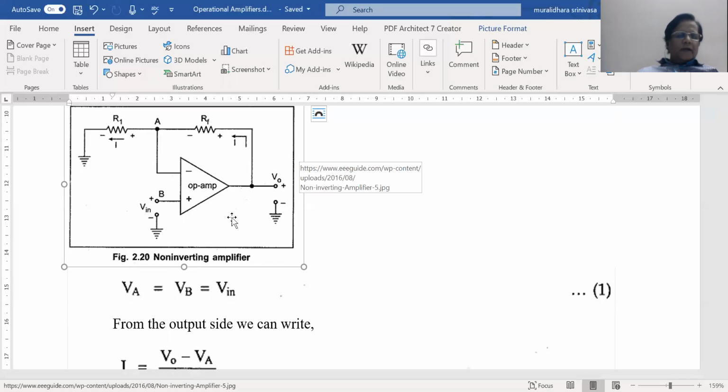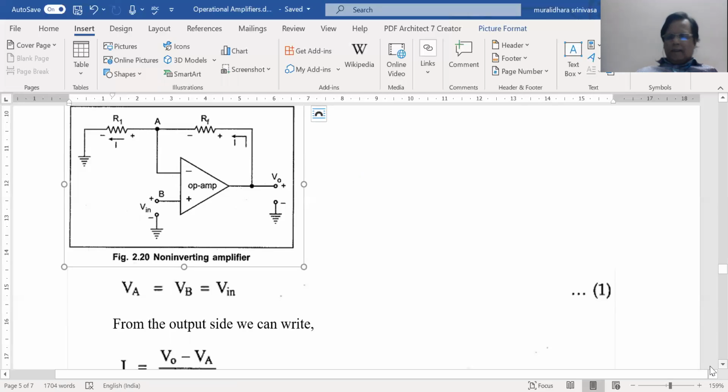Now, how does the current go? The output current I flows in this direction. Output current I therefore is given by (V0 minus VA) by RF. The same current should also flow through the input resistor Ri. So that is (VA minus 0) by R1.